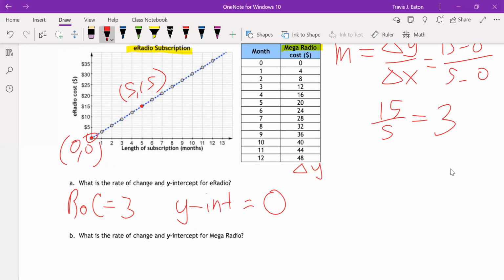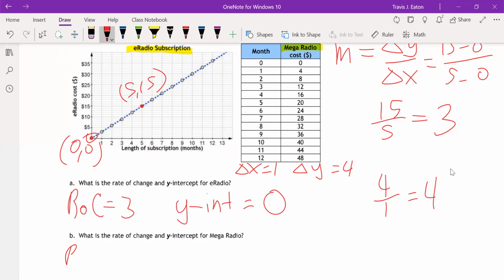So it looks like the change in y is 4. And the change in x, 0, 1, 2, 3, 4, is just 1. And so the change in y over the change in x would be 4 over 1, which is 4.